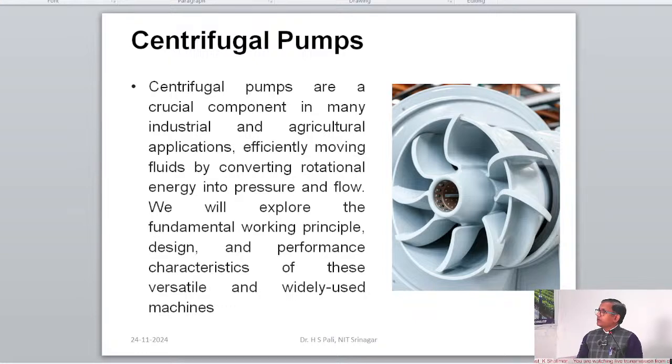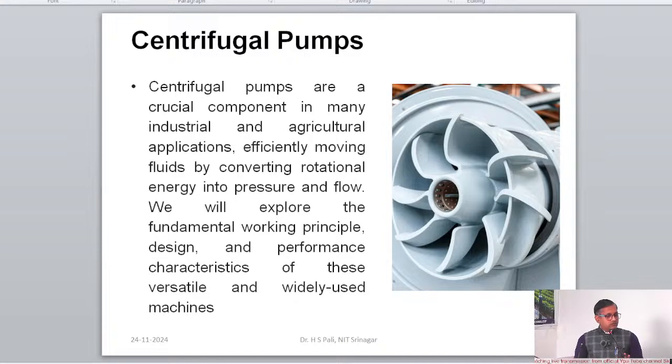Centrifugal pumps are a crucial component of many industrial and agricultural applications, efficiently moving fluid and converting rotational energy into pressure or flow. That is the main principle. We will explore the fundamental working principle, design, performance, and the versatile nature of this pump.